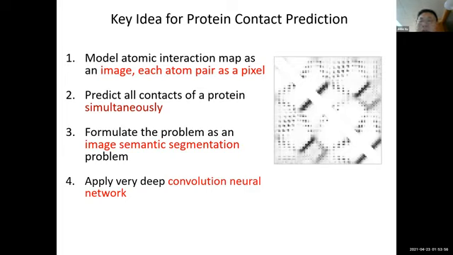For each pixel, we want to predict the interaction strength, so we predict all contacts of this protein simultaneously. Then we can formulate this problem similarly to image semantic segmentation. Of course, there are some differences, but it's kind of similar. This way, we can apply a very deep convolutional neural network.